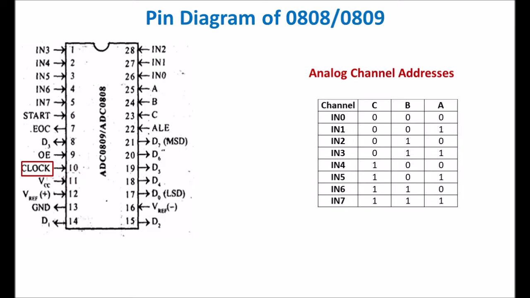Then it has a VCC terminal where the user can connect a plus 5 volt supply, and the ground terminal GND should be connected to ground. Two other signals are V reference plus and V reference minus. V reference minus we are connecting to ground and the positive voltage should be connected to V reference plus. Detail about V reference we'll see in the next slide.